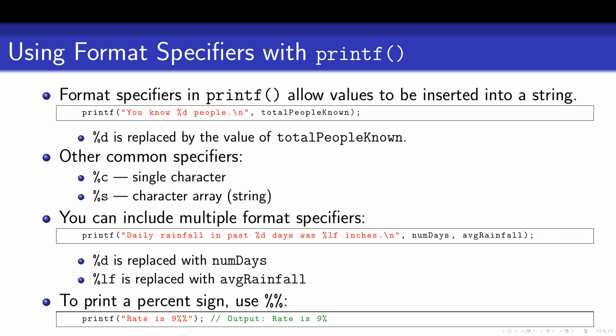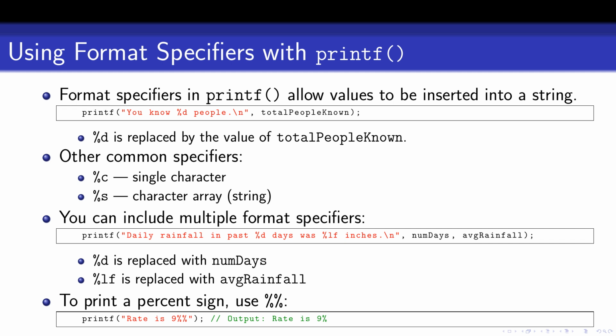You're not limited to just one value. You can include multiple format specifiers in a single printf call. For instance, to show rainfall data, you might write printf, "Daily rainfall in past %d days was %lf inches\n", num days, avg rainfall, where %d and %lf are replaced by their corresponding variables.